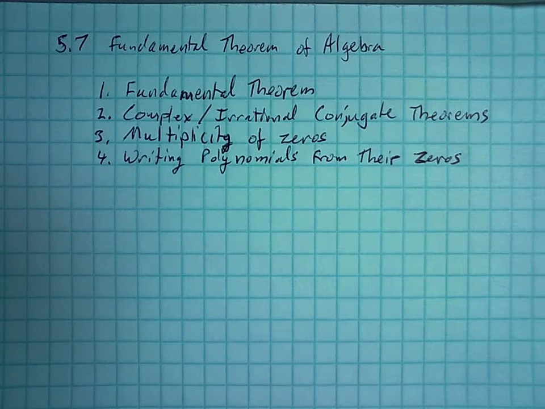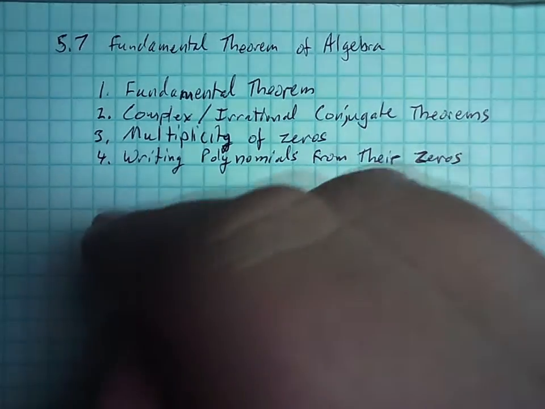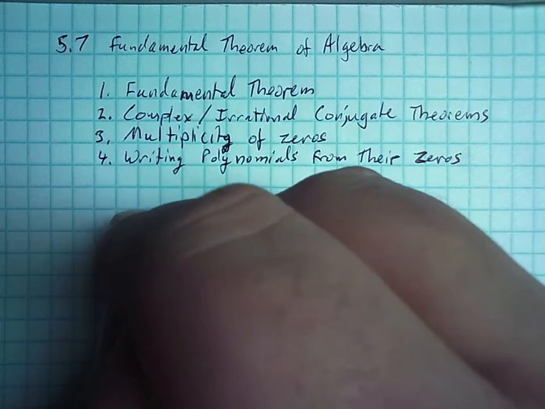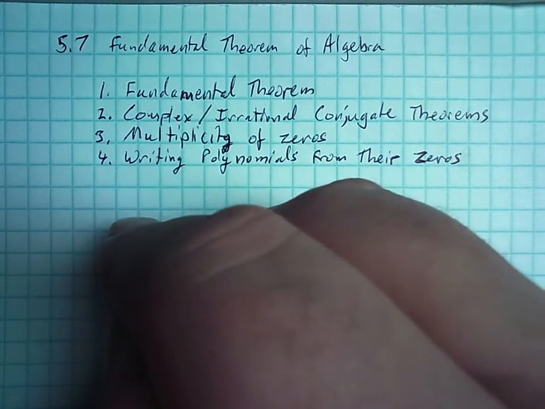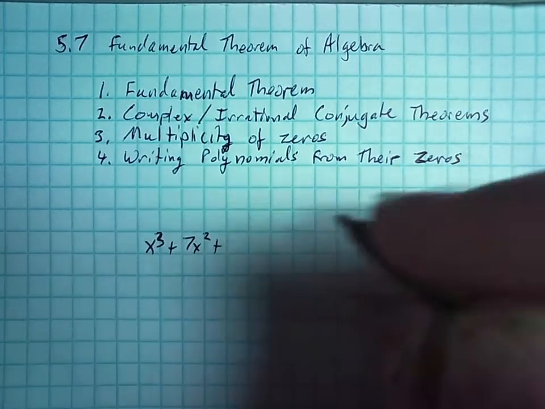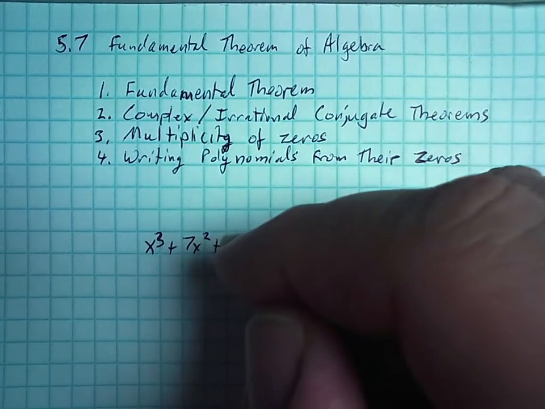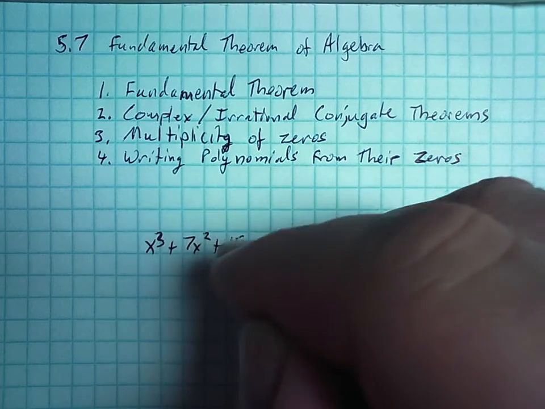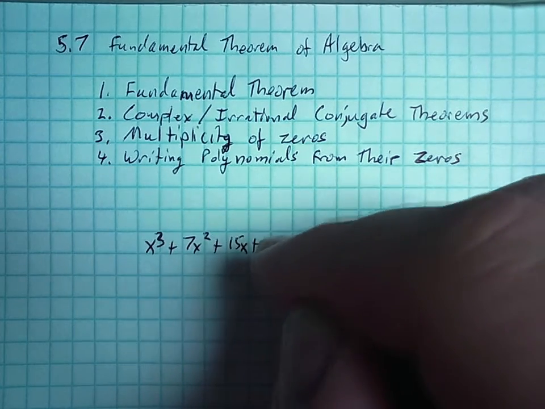So the fundamental theorem of algebra is actually pretty simple at its core. What it says is that if you have a polynomial and you can find the degree of that polynomial, the number of zeros for that polynomial is based on the degree of the polynomial itself. So here for my first example, x cubed plus 7x squared plus 15x plus 9.